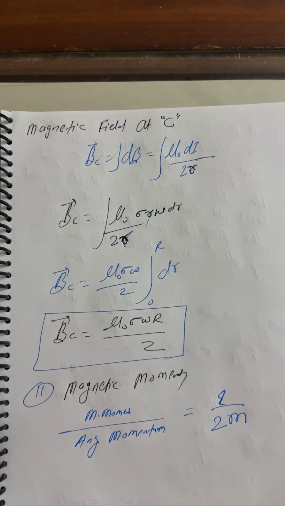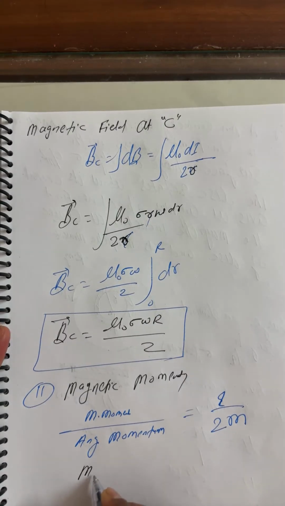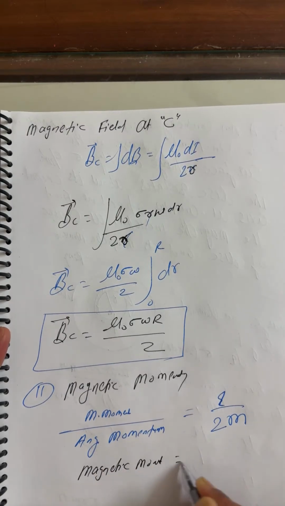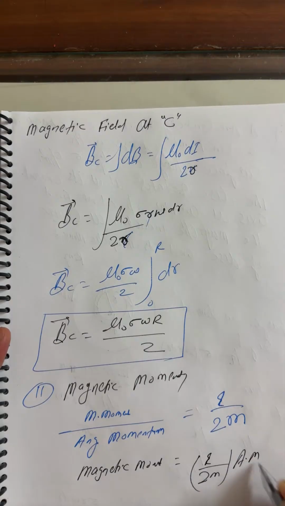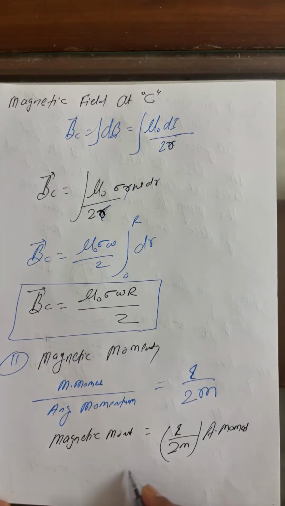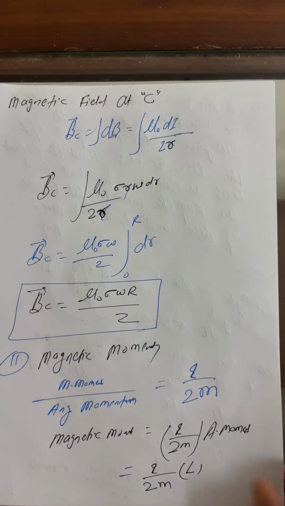It is q by 2m, forever fixed. So we wish to find the magnetic moment, which is q by 2m into angular momentum, L only. I'll calculate the angular momentum further.